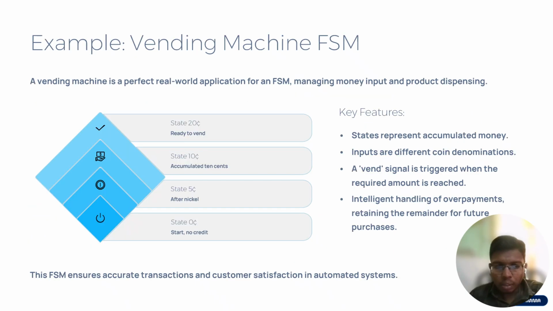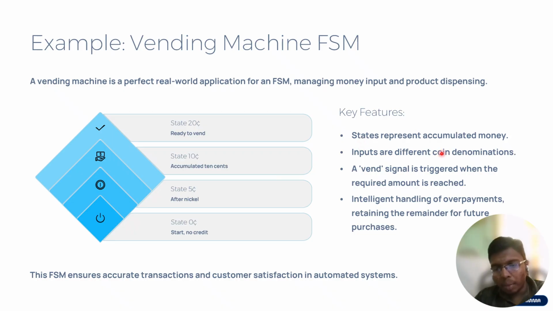The next example, vending machine FSM. A vending machine is a perfect real-world application for finite state machines, managing money input and product dispensing. These are the key features of a vending machine.